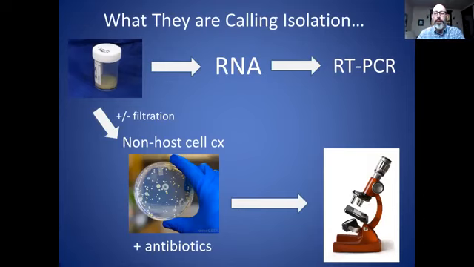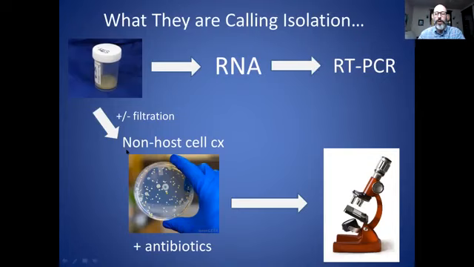But this has nothing to do with Rivers' criteria. As I said before, there was nothing mentioned about genetic material. So if you look at the other pathway that they do, they take that fluid, they may or may not filter it. Some of the methods are not described in very much detail, so they leave out this step. It's hard to tell if they've done it or not. And then they mix this body fluid with non-host cells.